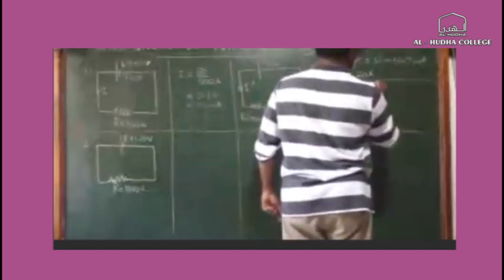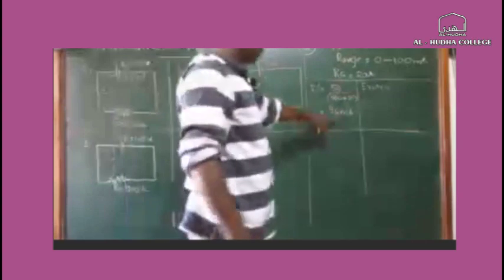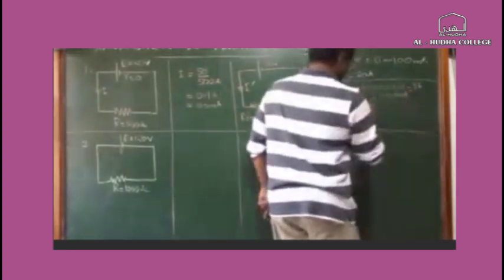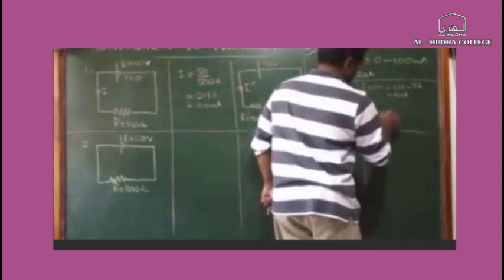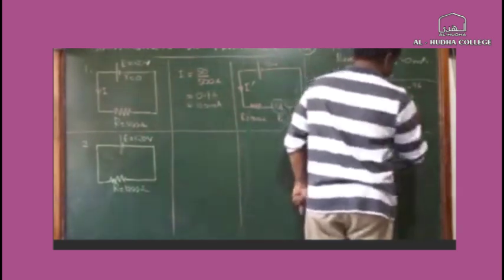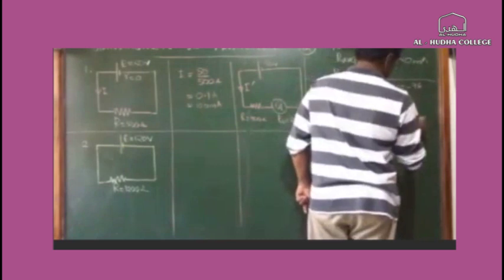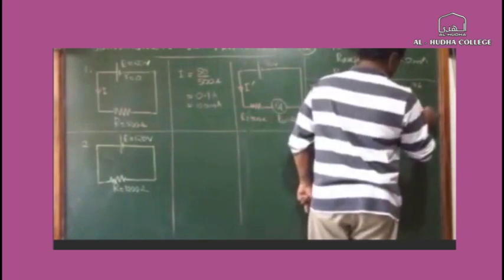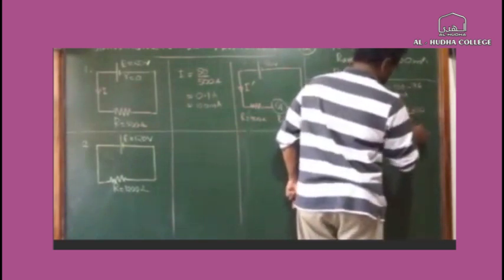Now the error: we wanted 100 milliamps to be measured, but the measured value is 96 milliamps. So the error is 100 minus 96, that is 4 milliamps. Percentage error is 4 divided by 100 into 100, that is 4%.